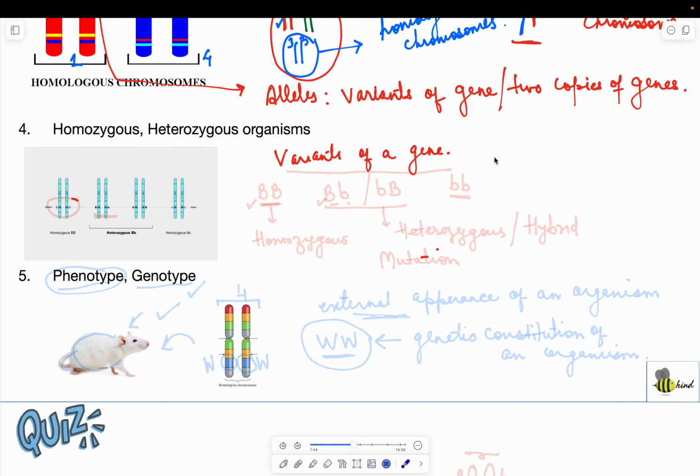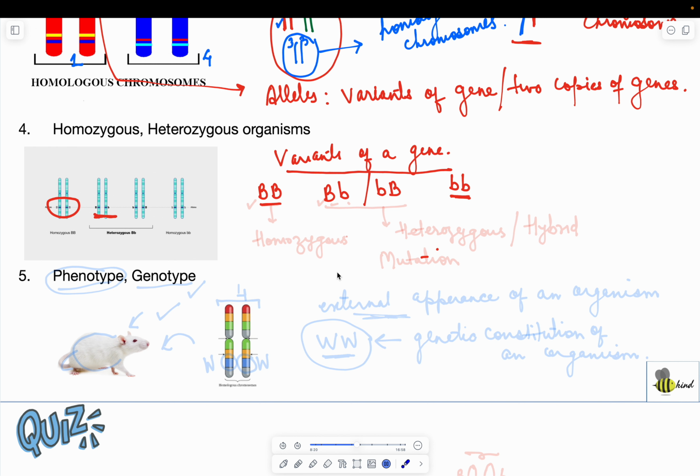In this picture you can see if the individual has identical alleles, BB, they are known as homozygous. If the individual has different alleles, in this form, they are known as heterozygous. And if the individual has again similar alleles, they are known as homozygous. So I repeat, what are alleles? Alleles are the variants, the two copies of the gene, right?